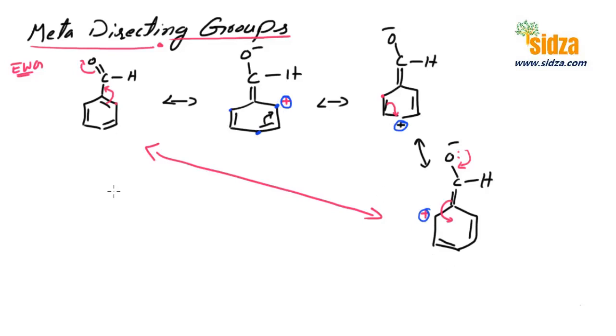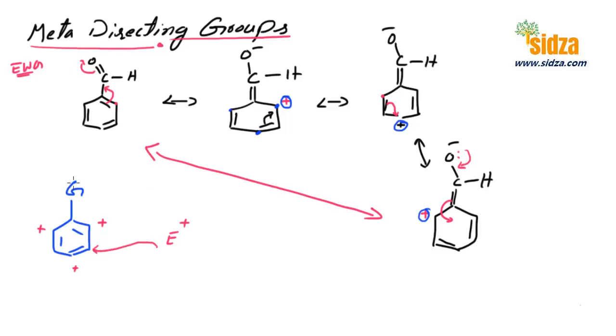So when you attach any group that is electron withdrawing, and it withdraws electrons from the ring, it creates a positive charge at the ortho and para positions. So the electrophile, which is electron deficient, will not attack on these positions. It's going to attack only at the meta position.